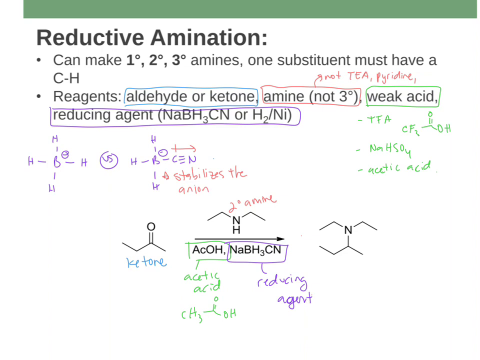Because the boron has less of a negative charge, it is now a weaker hydride donor. It is now a weaker reducing agent. So the NaBH3CN is a weaker reducing agent.